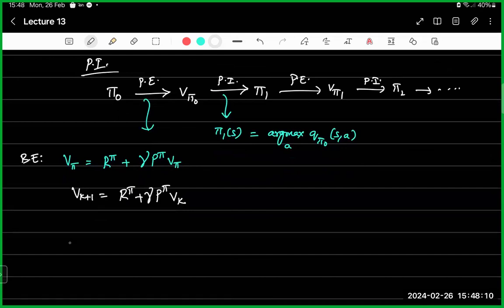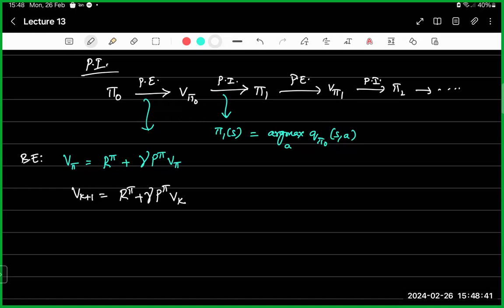So what did we prove about this equation in the last class? If V k plus 1 equals V k, then we know that it is equal to V pi naught, because V pi naught satisfies that equation. But we were not sure whether such an equation will converge to V pi naught.